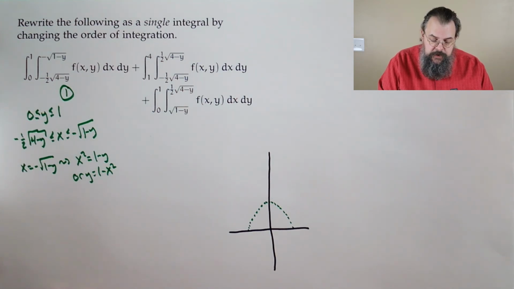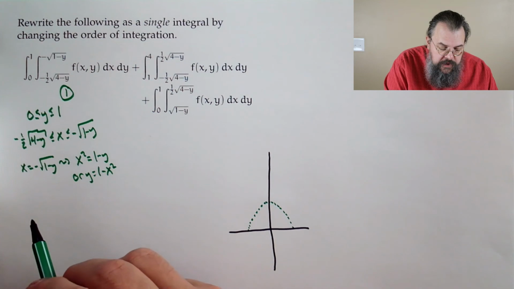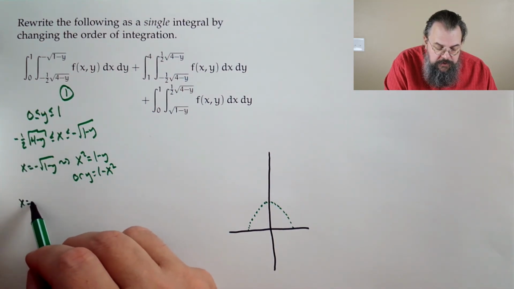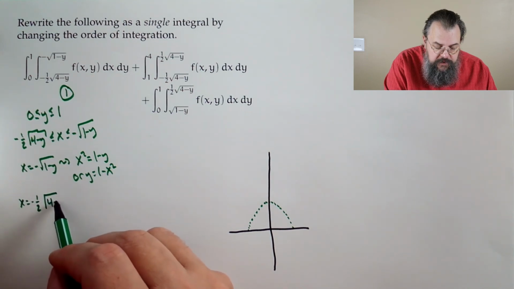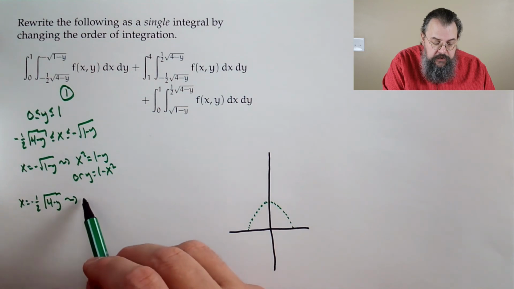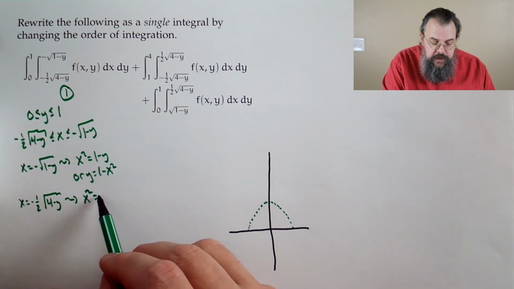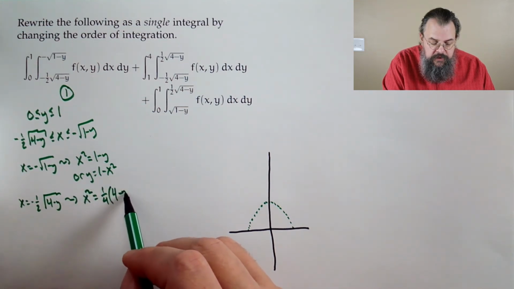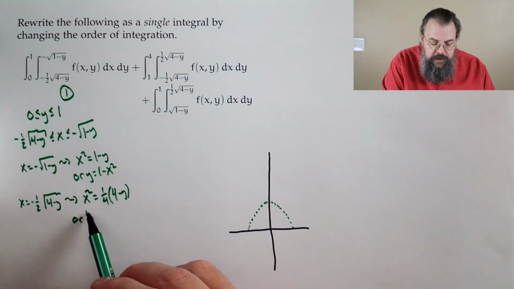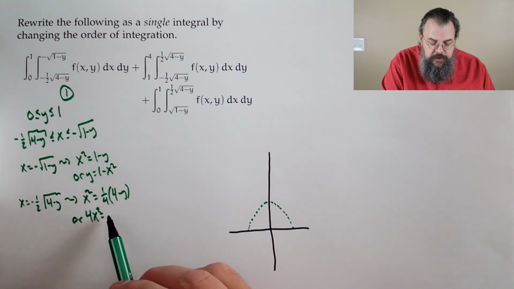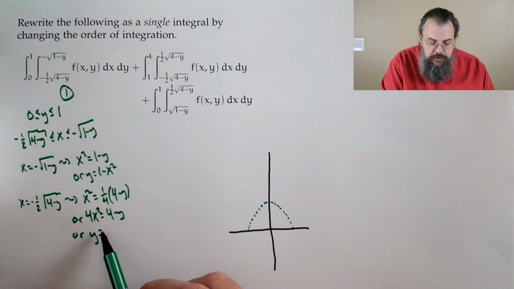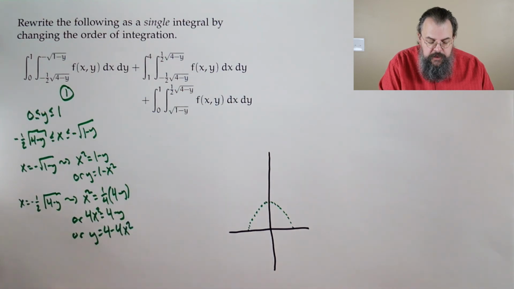Now this other curve, if we have x equals minus a half square root of 4 minus y, what would that do? Okay, x squared equals 1/4 times 4 minus y. Multiply by 4, and you can say 4x squared is equal to 4 minus y. Or we can say y equals 4 minus 4x squared.